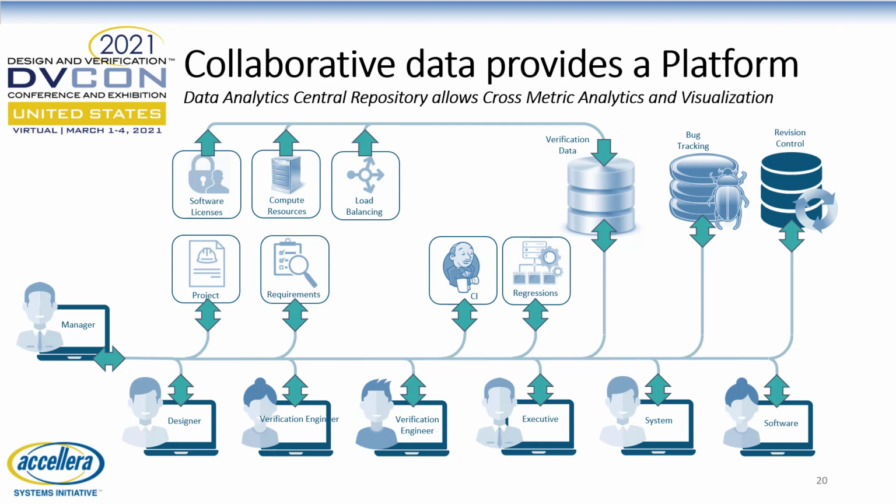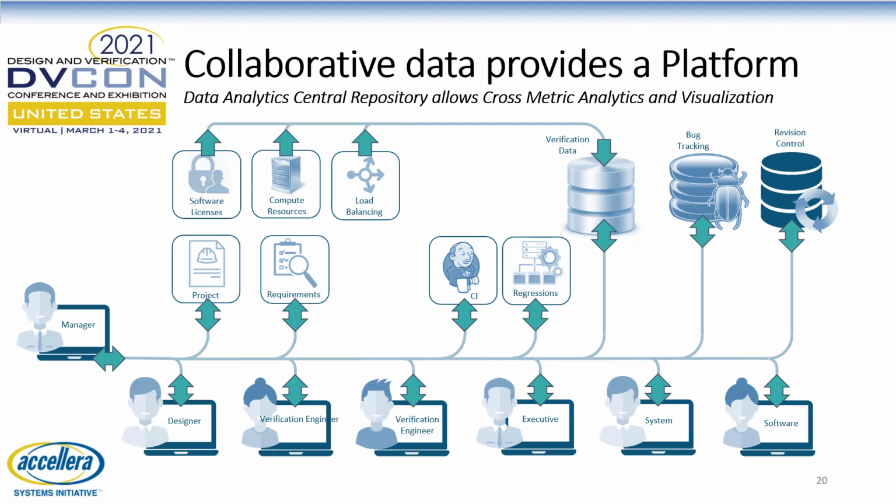There are also many other sources of data in the verification process. These include software licensing usage, compute resources, and the load-sharing software that controls where jobs are run. All of these systems are different, and users have many different combinations of these tools. Providing a data platform would allow all this data to be stored in a central repository from all of these different sources.